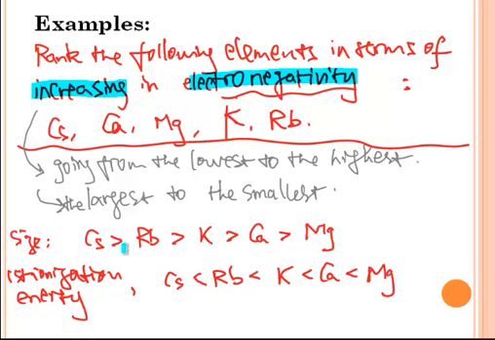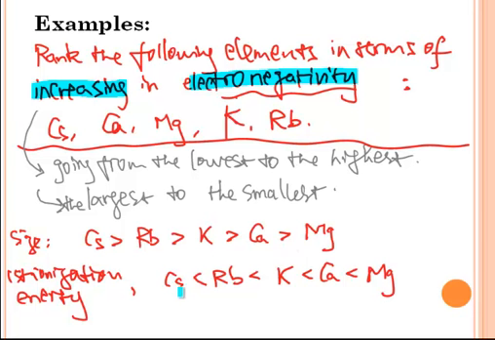The number of principal energy levels increases, so the size increases significantly. And now you're looking at potassium and calcium. They're in the same period, but calcium has more protons, so effect number two dominates, and calcium will have a smaller size than potassium. And now we switch over to group 2. Magnesium is on top of calcium, has one less principal energy level, so it's smaller than that.